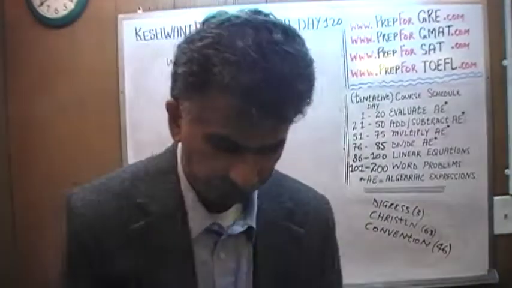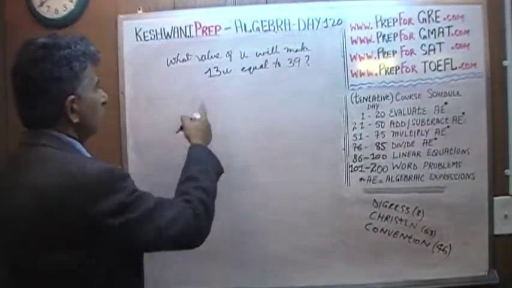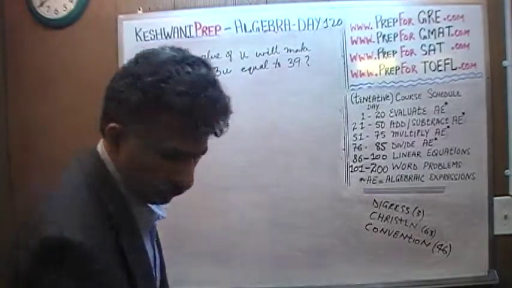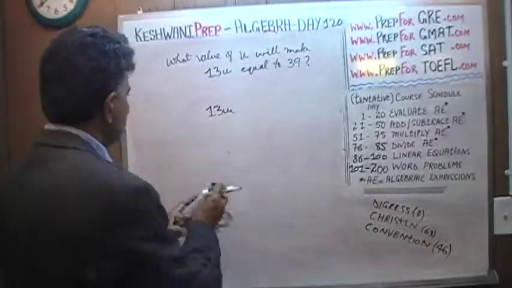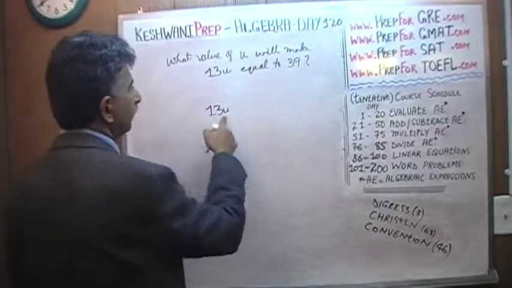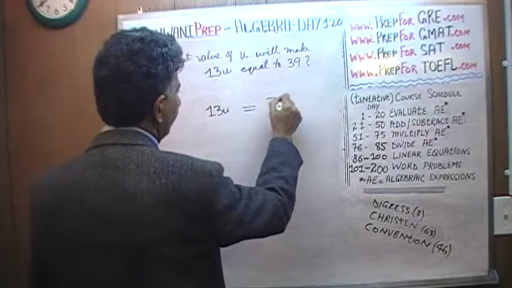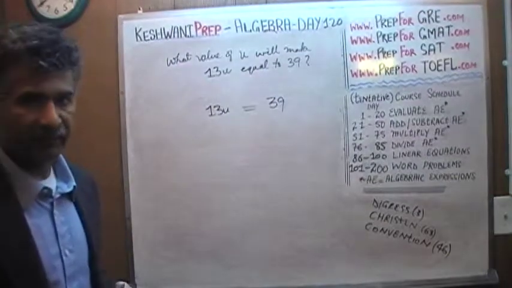Well, that's quite simple, very straightforward. We want 13U to equal 39. How do we get the U by itself?